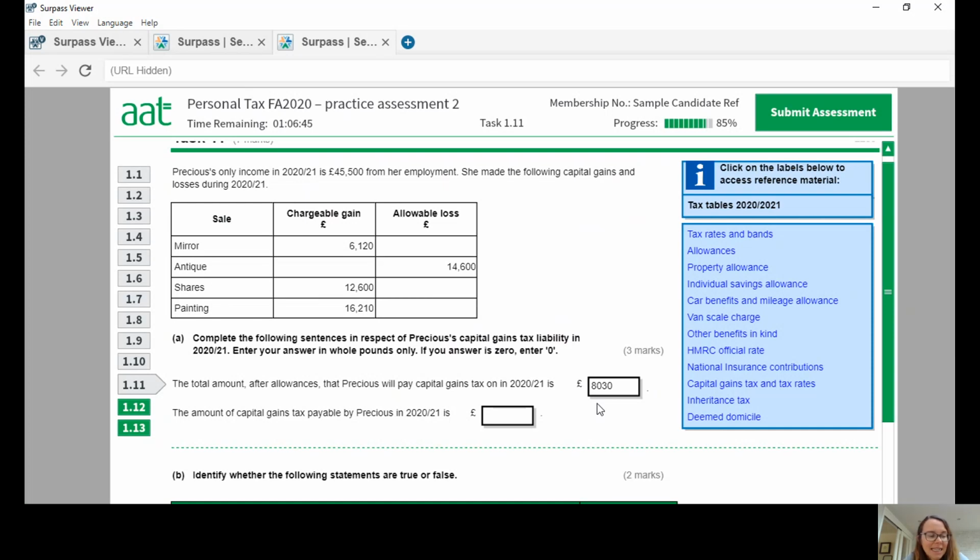So the excess is 3,530, which needs to be taxed at that higher rate of 20%. All right, so 20% on 3,530 is 706. Add that on to your 4,500 at 10%, which was 450. Gives you an answer of 1156. That is tricky. All right, but hopefully you see what I've done there.